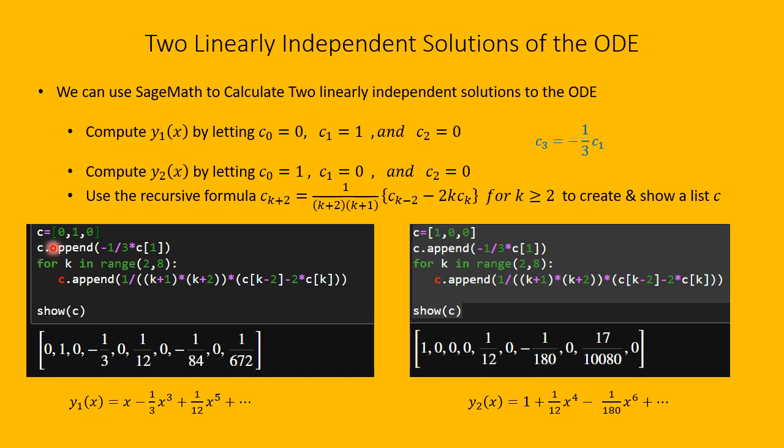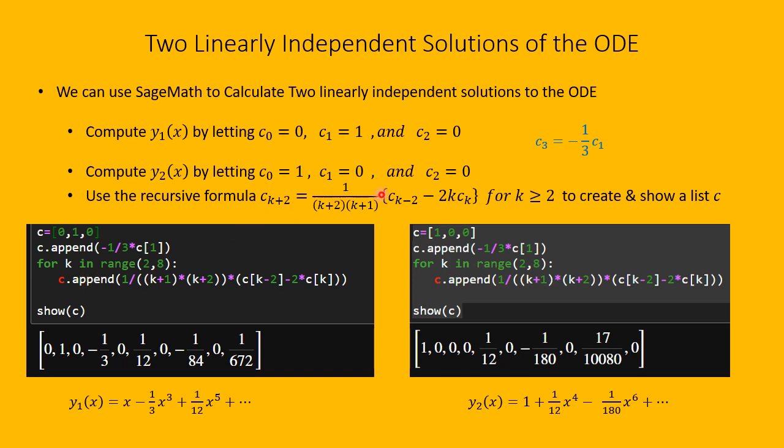So let's recall what's going to happen here. This 0 is C0. This 1 is C sub 1. This 0 right here is C sub 2. And this will compute C sub 3 and add it to this list. Okay, and now we want to append more coefficients, the C coefficients for our power series.